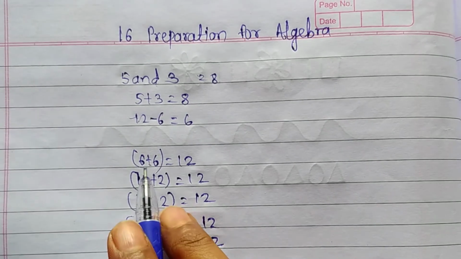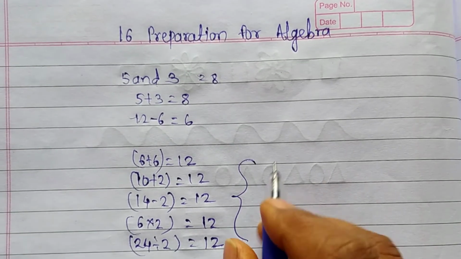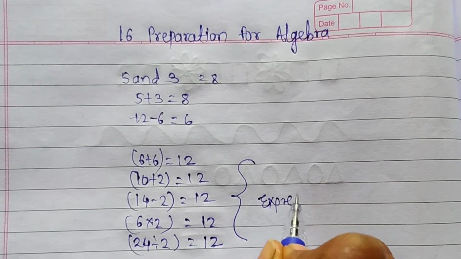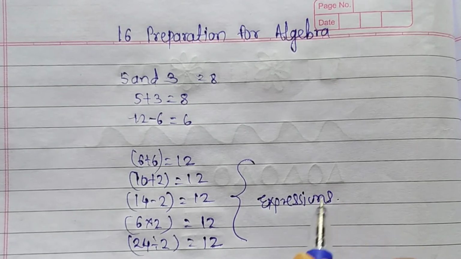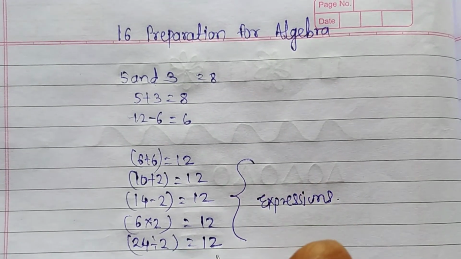Arrangements like 6 plus 6, 10 plus 2, 14 minus 2, 6 into 2, 24 divided by 2 are called expressions. What is this? Expressions. The value of each of these expressions is 12.